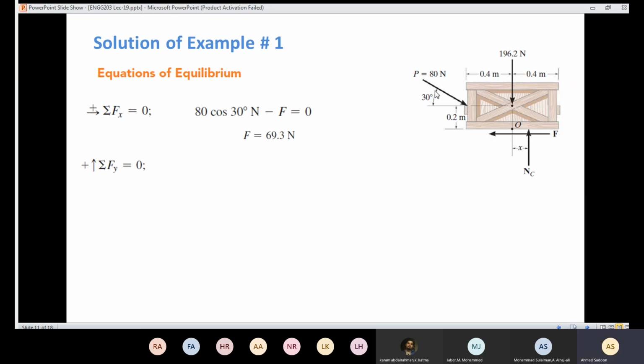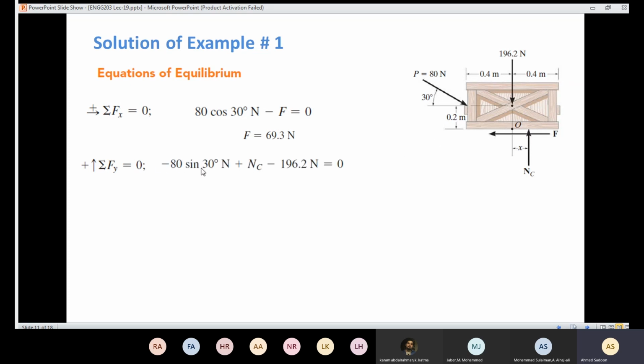Then I can also apply the summation of the forces on the y-axis. Don't forget here I have the component in y acting down, equal to 80 sine 30. So I have the component of that force acting down, I have the weight of the box, and I have the normal force acting up. So positive, negative, and negative.